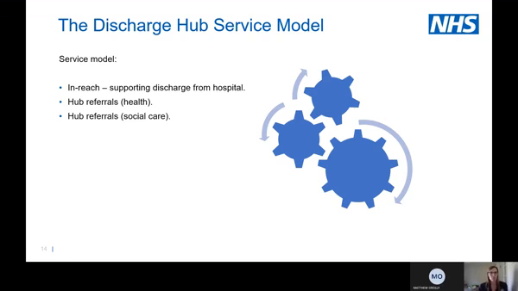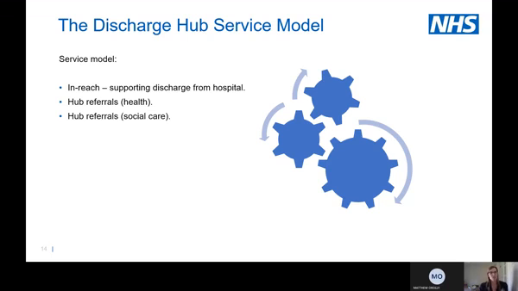So as I said, the hub model has the in-reach team within the hospital, and then we also had the referral team. So that was the single point of access in the community. At that point, it was an isolated team, but it had the community teams, the referral team and the support at home team there, and the rehab team.